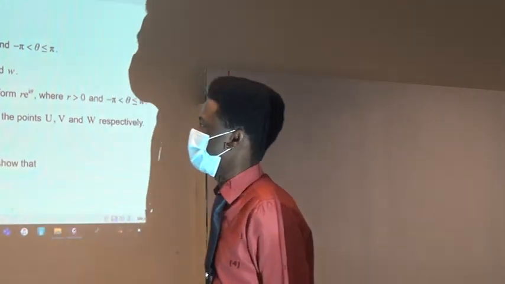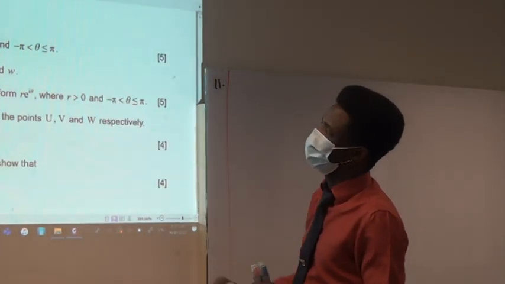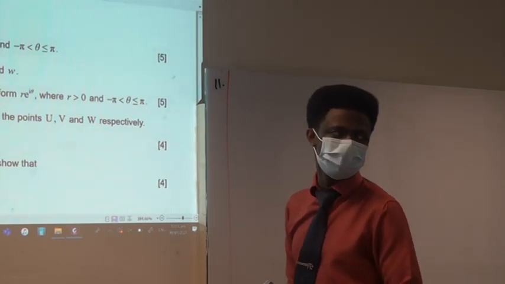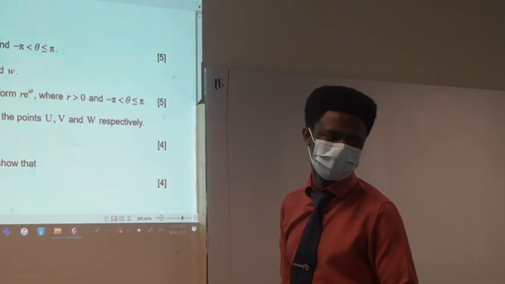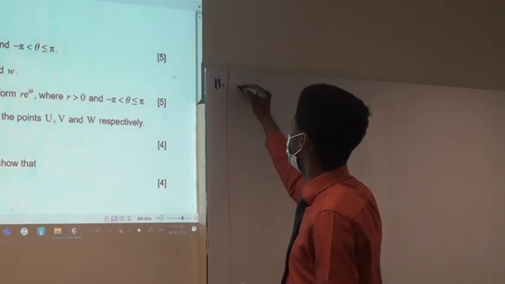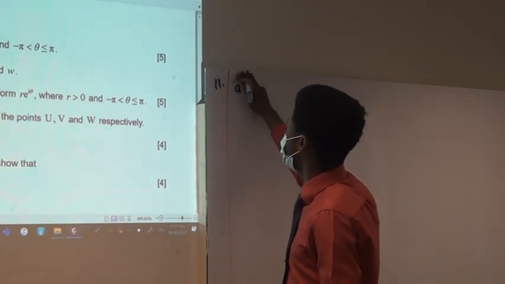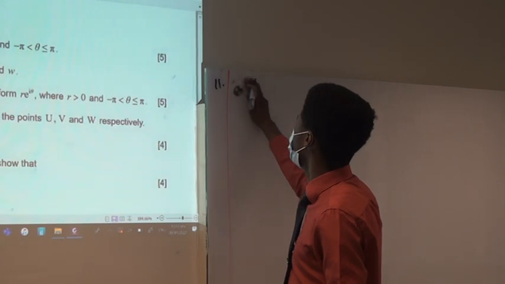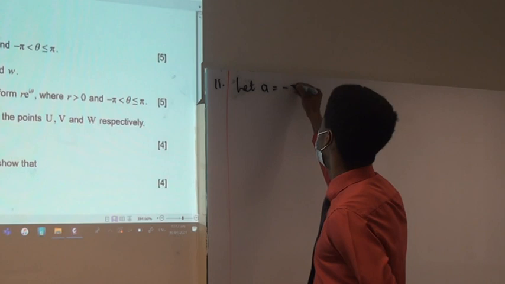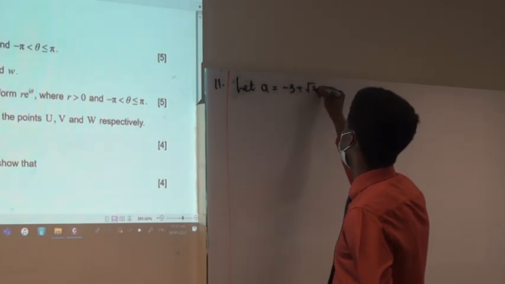I don't want to use U, V, W either. Give me a symbol I can use. Usually we don't use P for complex numbers. It looks weird. A or K? No, A is fine. No, that's a vector. Okay, so let our complex number be A equals minus 3 plus root 3 i.